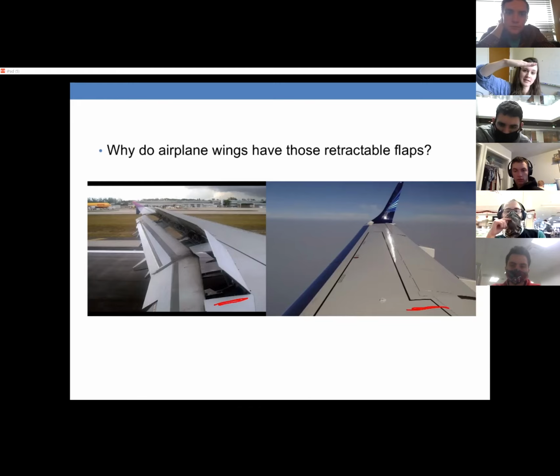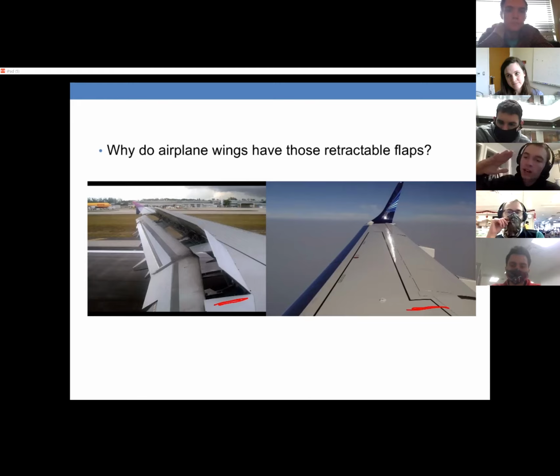So they have these little flaps so they can adjust the angle of attack during the takeoff part and the landing part in order to maximize the lift.